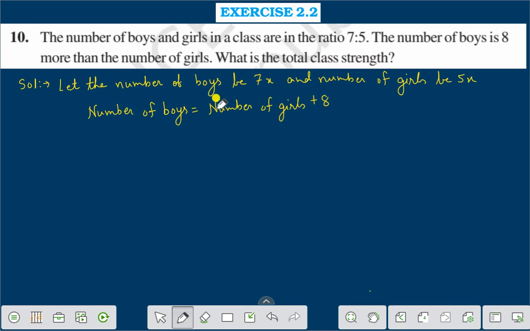Therefore number of boys is 7x and number of girls is 5x plus 8.